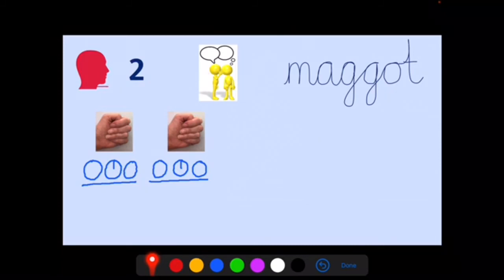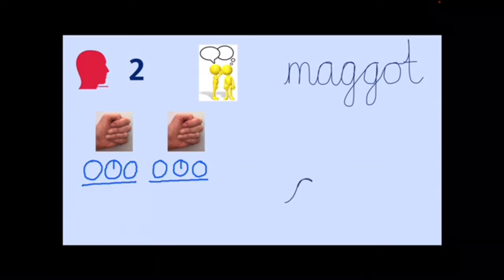Have a go at writing it. I can hear G, O, S, ip, gossip.